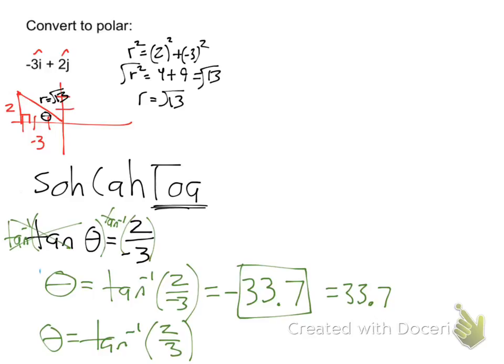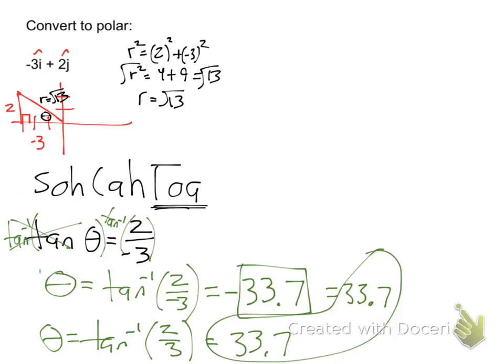Try 2/3 instead of negative 2/3. You should end up with a positive 33.7, because I take that negative out. I am talking about the theta that's in a triangle that we don't necessarily have negative sides on. So therefore, it's 33.7. I want a positive angle.